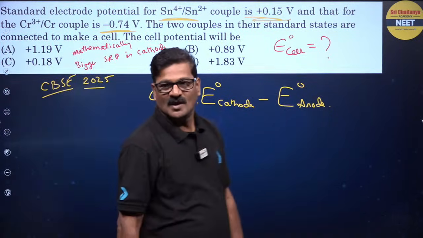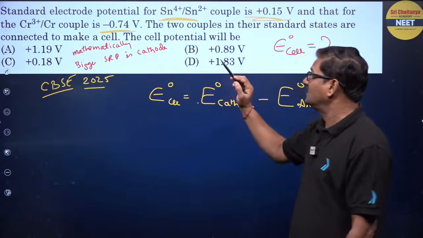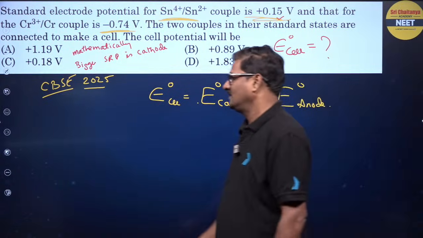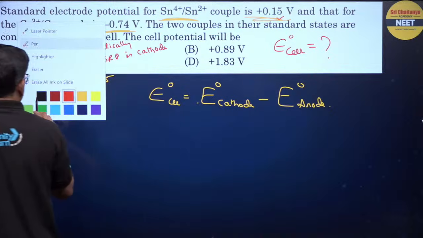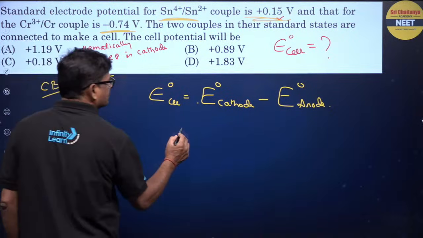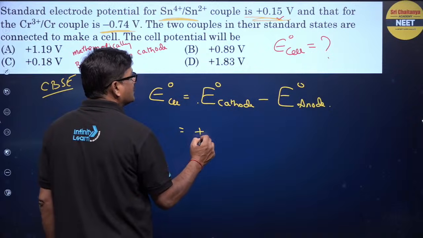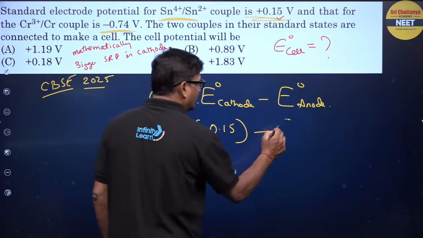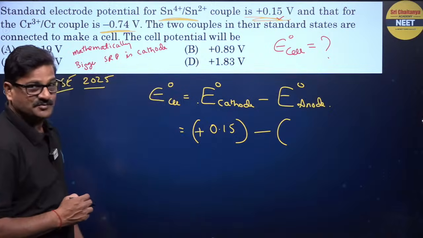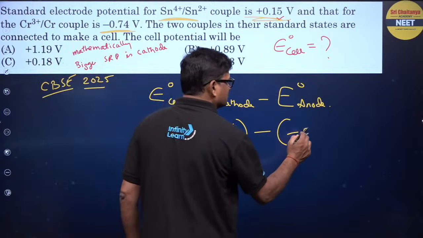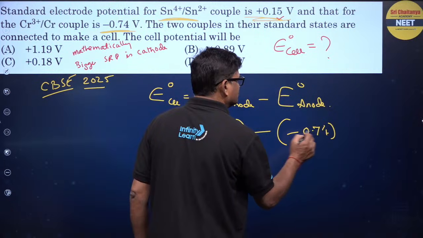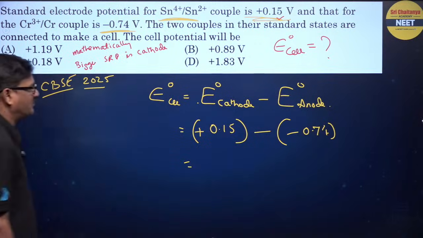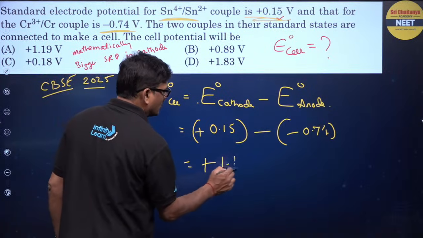Who is having the bigger value? Mathematically which is the bigger value? This value is. So this one is going to be plus 0.15 minus minus 0.74, and your answer is going to be 1.19 volt.